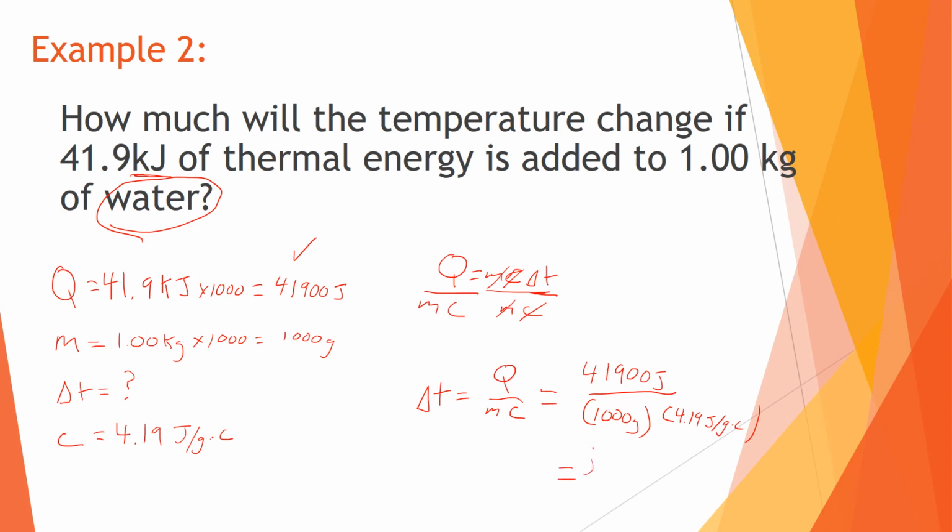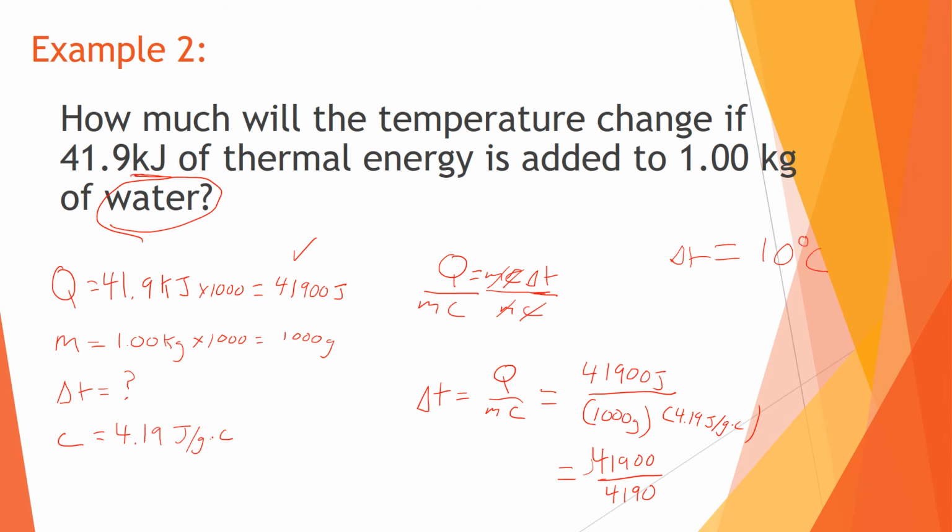So this would equal 41,900 divided by 4,190. Okay, so I think this is going to work out pretty nice. So what this tells me is that by adding this much energy into 1,000 grams of water, the temperature change, so delta T, would be 10 degrees Celsius.